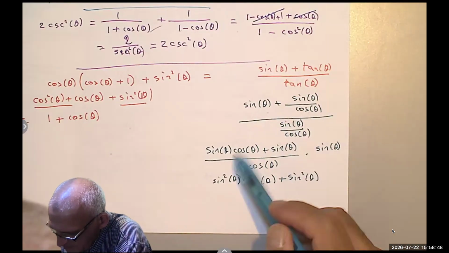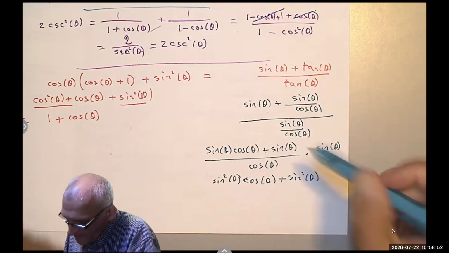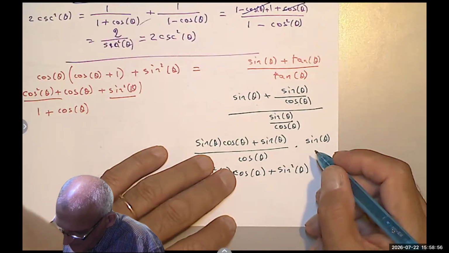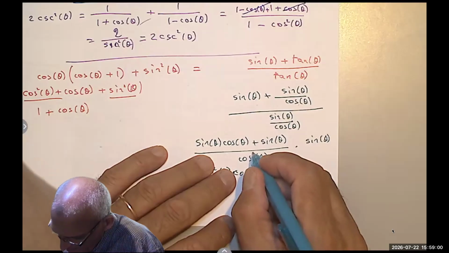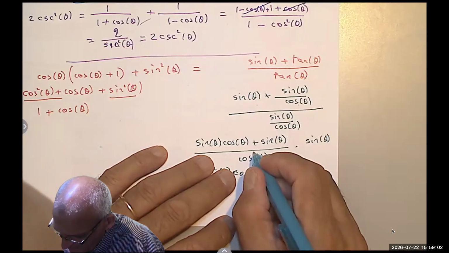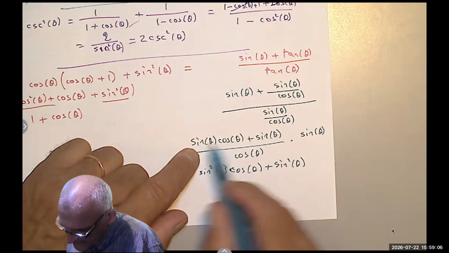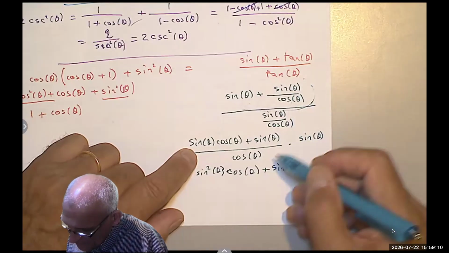So sine cosine plus sine over cosine divided, oh, multiplied by cosine over sine. Why did I say there is another cosine here, so this is cosine square. Because I took this, which is that, and then I should multiply by sine over another cosine.